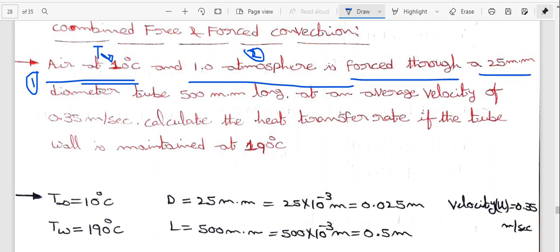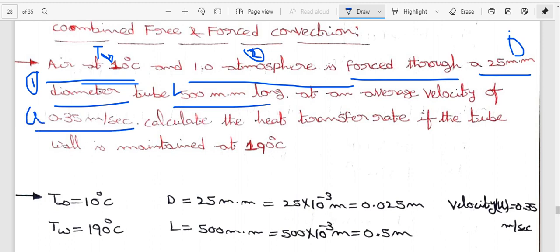The diameter is 25 mm and the length is 500 mm, so L equals 500, at an average velocity of u meters per second. Calculate the heat transfer rate, that means the Q value.